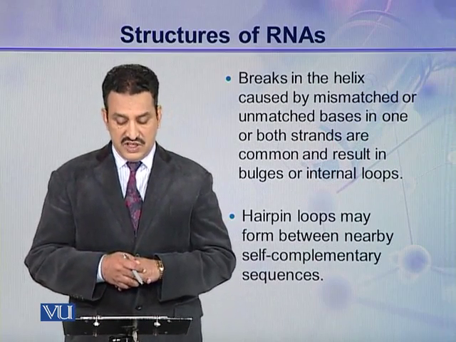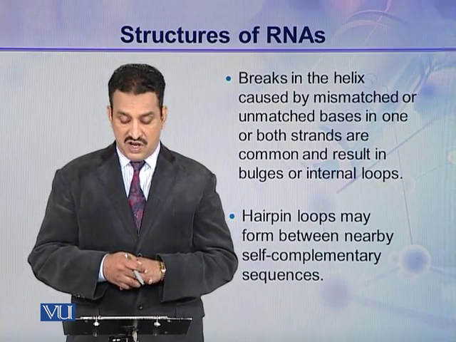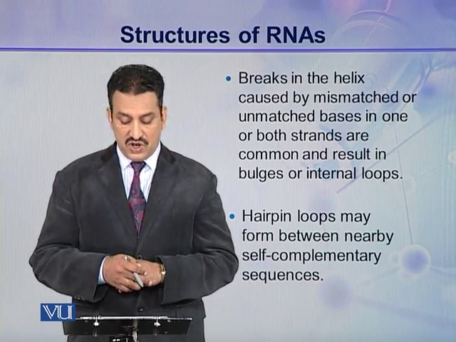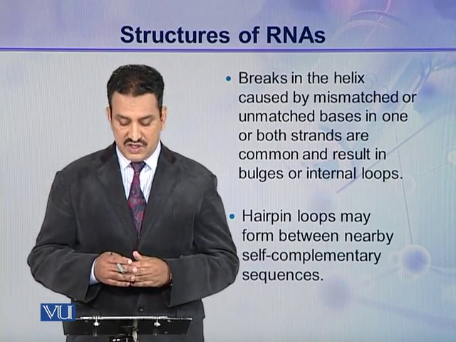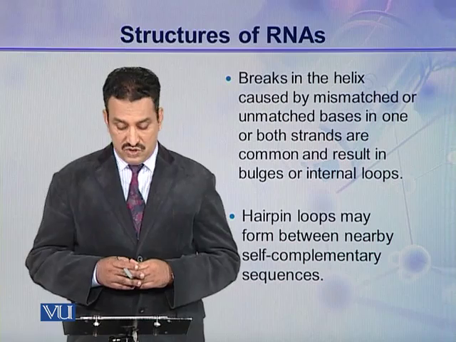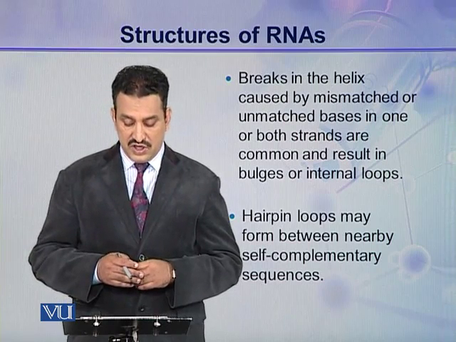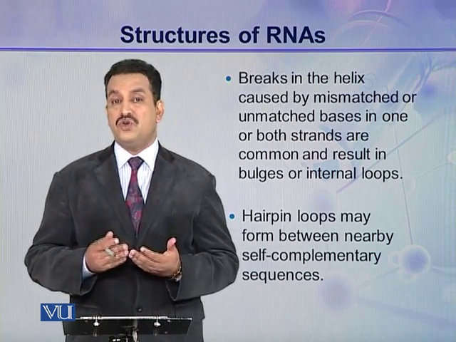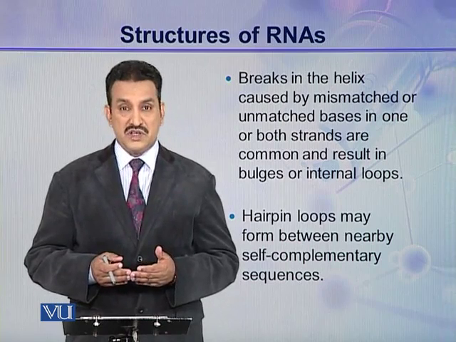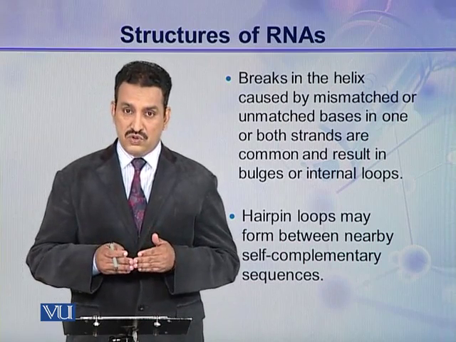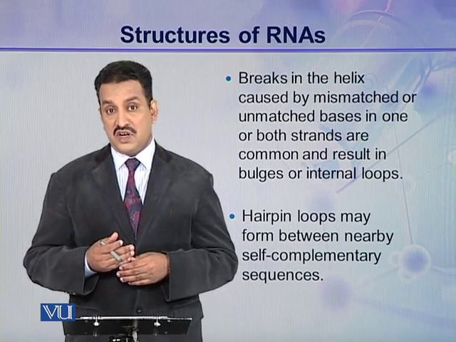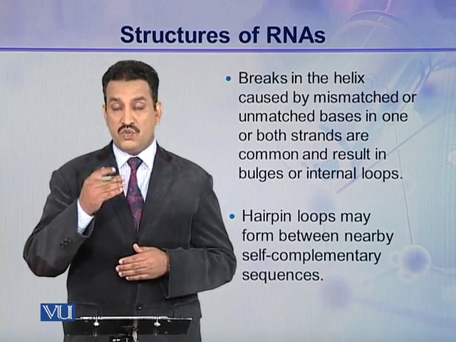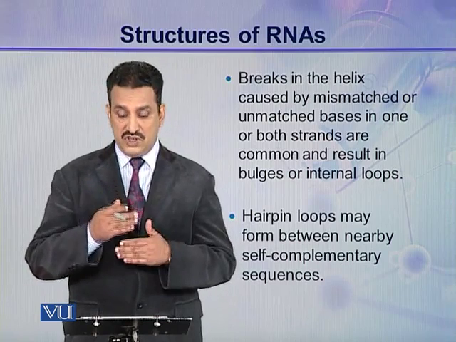Breaks in the helix caused by mismatched or unmatched bases in one or both strands are common, and these breaks result in bulges or internal loops. It means in a RNA molecule there are complementary regions, but there are also breaks where one strand is not complementary to the other.